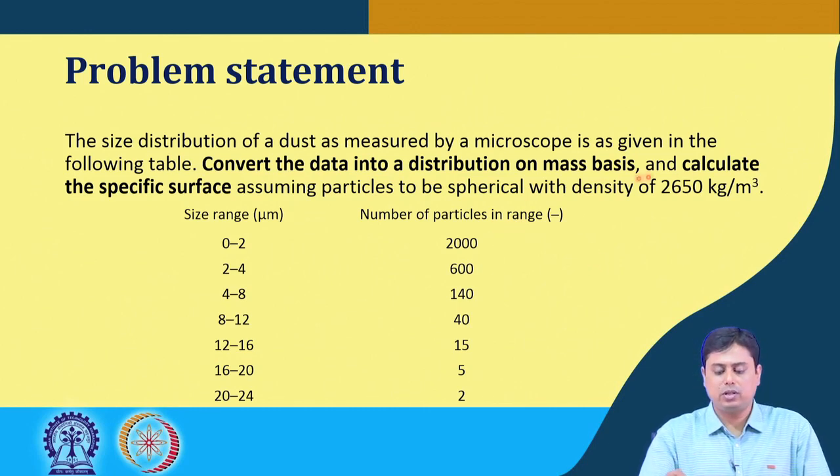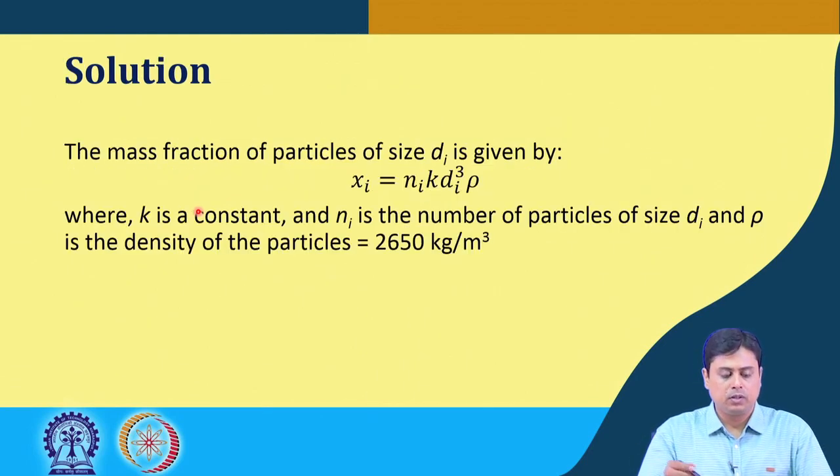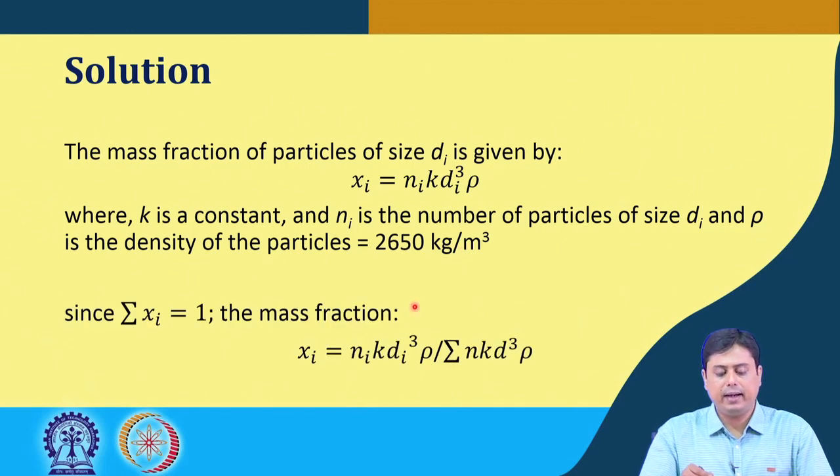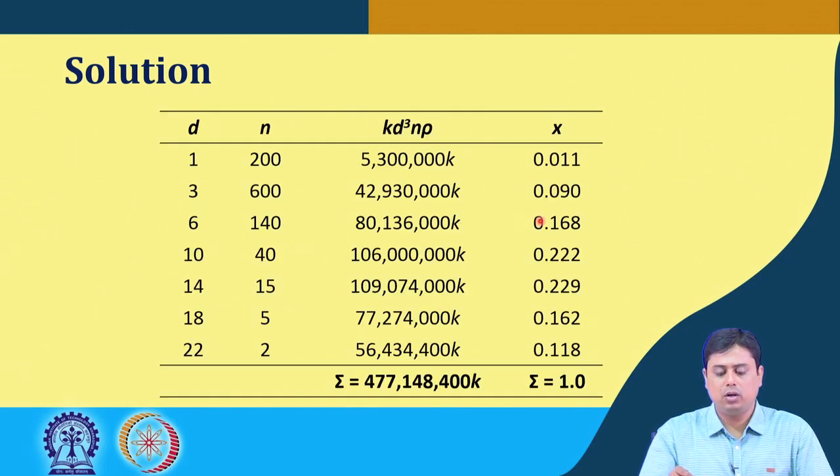Then the question was to calculate specific surface area assuming all particles are spherical with a known density. For that, at first we converted the number distribution to mass distribution by following this table, by the known relation of n and x.